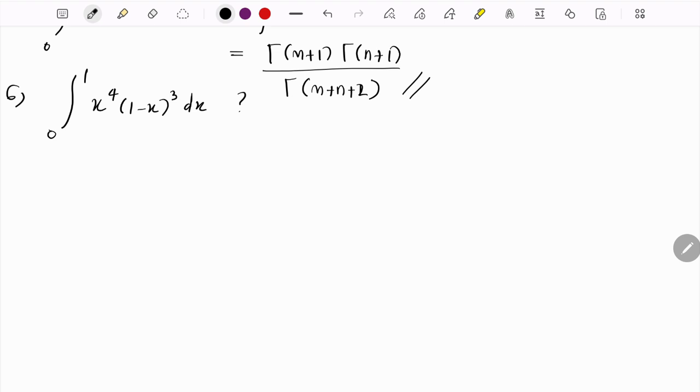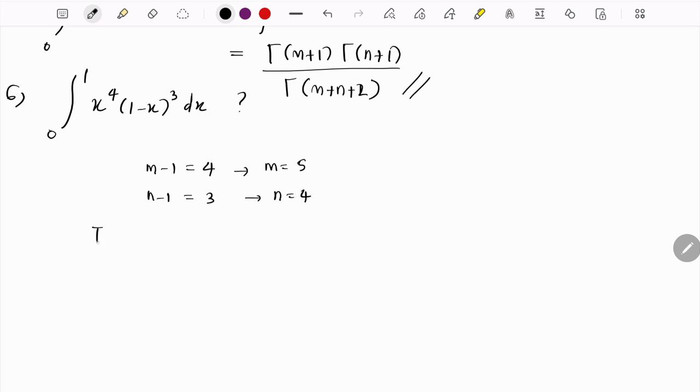So evaluate this integral from 0 to 1 of x to the power 4 into (1 minus x) to the power 3 dx. Here m minus 1 is equal to 4 and n minus 1 equal to 3, that is m equal to 5 and n equal to 4.